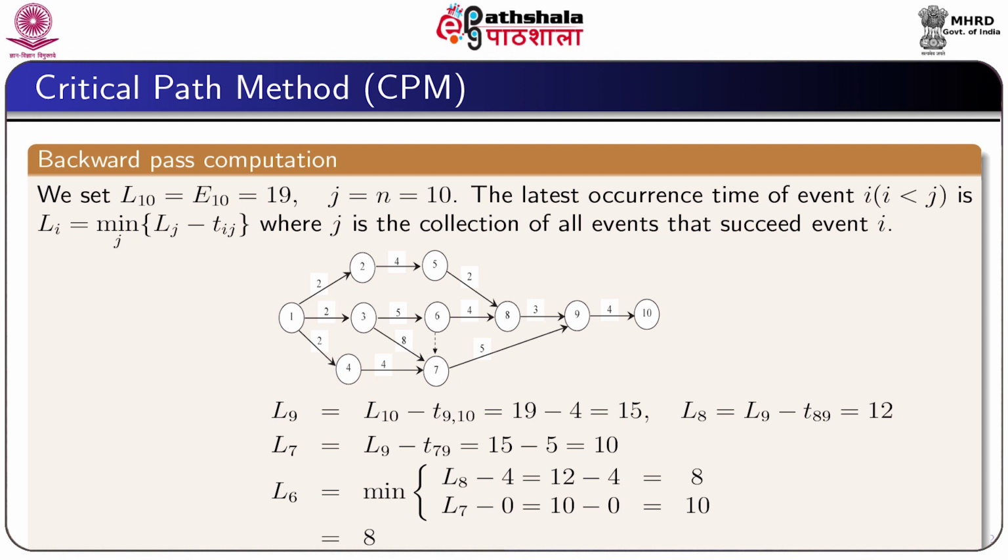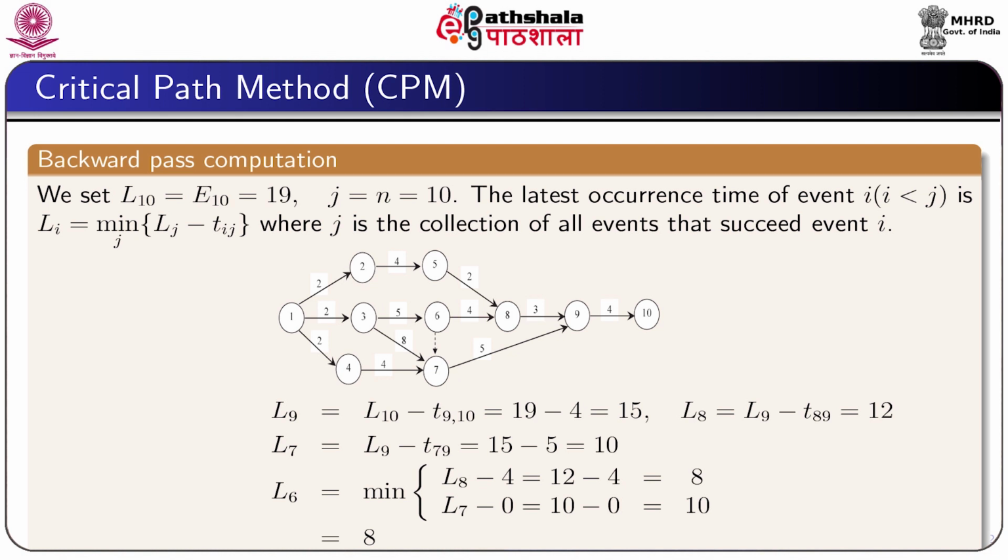Now, we proceed for the backward pass computation. In this case, we set L10 equal to E10 equal to 19, where j equal to n equal to 10. Then the latest occurrence time of event i, where i is less than j, is minimum over j of Lj minus Tij.